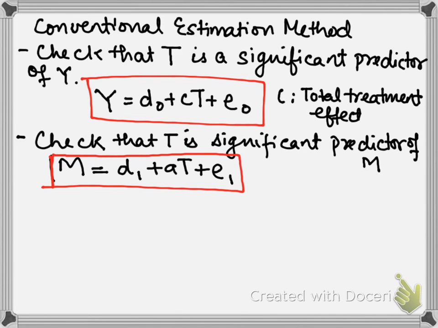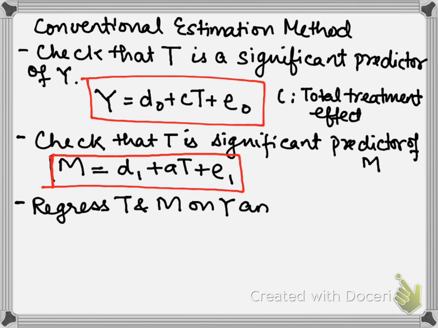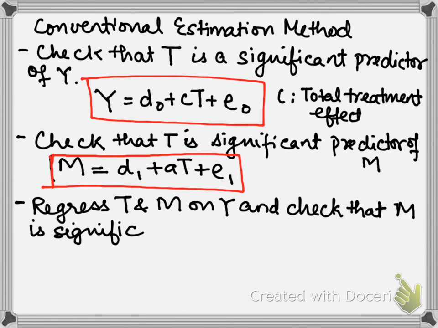Next step, regress T and M on Y and check that M is a significant predictor of Y, and that T's predictive power has reduced.